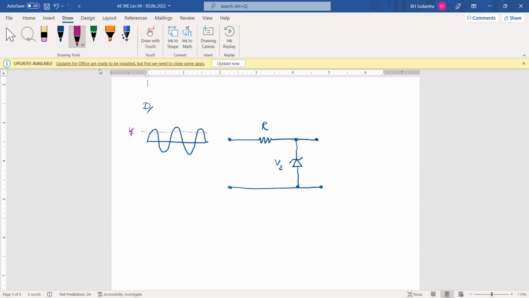this is VZ. On this side, this waveform can come up to VZ. At VZ, it will be cut.